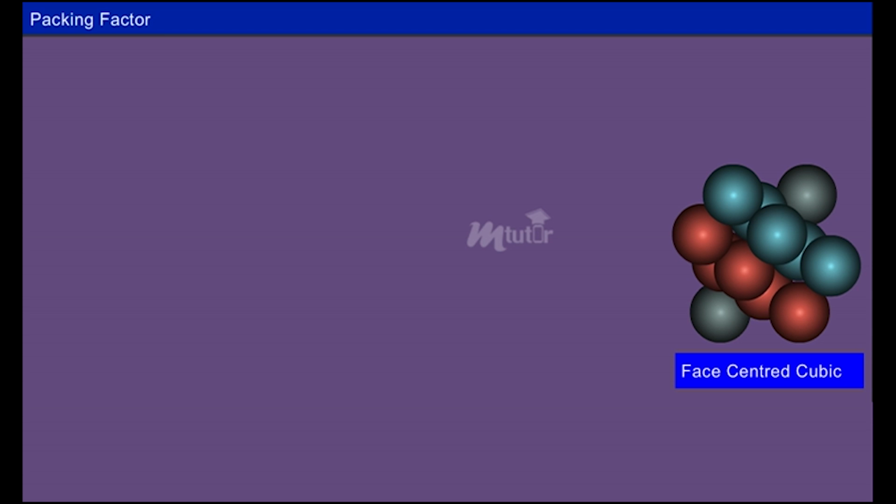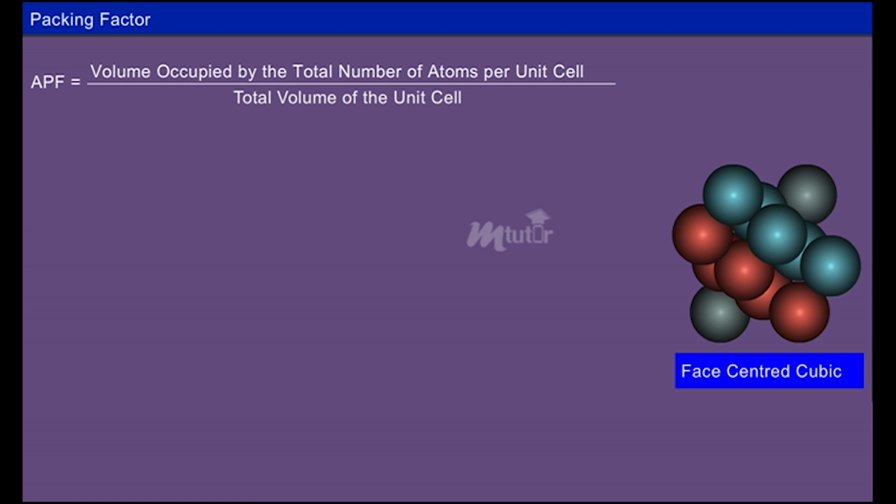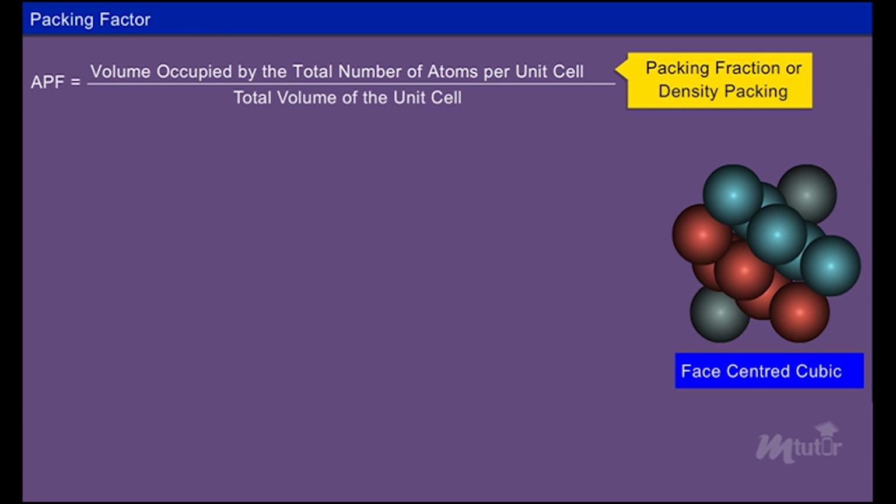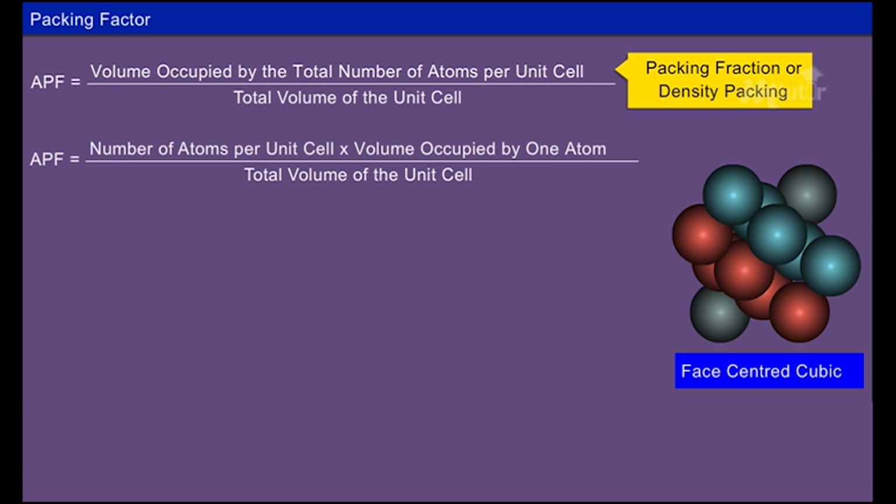Atomic packing factor or APF is the ratio of volume occupied by the atoms in a unit cell to the total volume of the unit cell. It is also called packing fraction or density of packing. We could also find the packing fraction by knowing the number of atoms per unit cell and finding the product with the volume occupied by one atom, divided by the total volume of the unit cell.